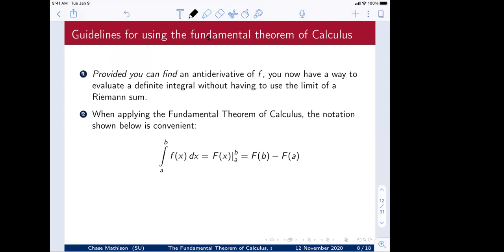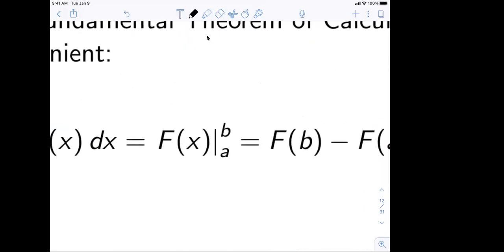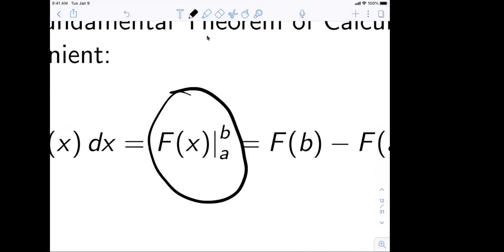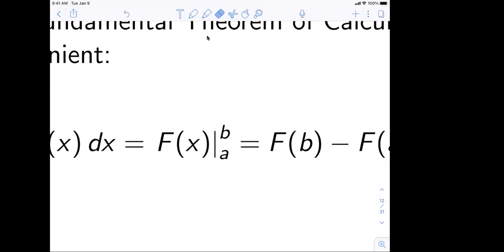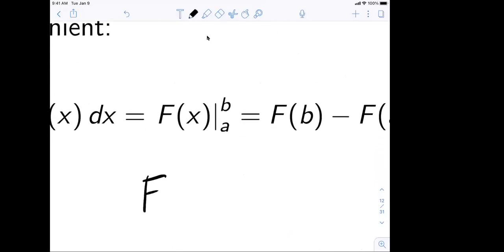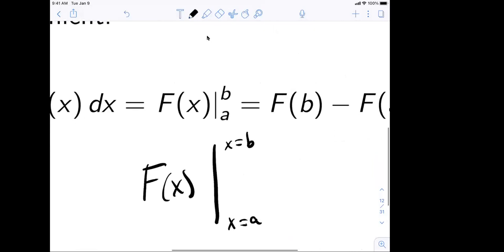So when applying the fundamental theorem of calculus, this notation right here is going to help me to keep from writing plug in x equals a and x equals b and take a difference over and over. Okay, so that notation, capital F of x, line b a, and sometimes I'll write x equals b up top and x equals a down bottom, especially if there's more than one variable going on, so I know exactly which variable I'm plugging in for.